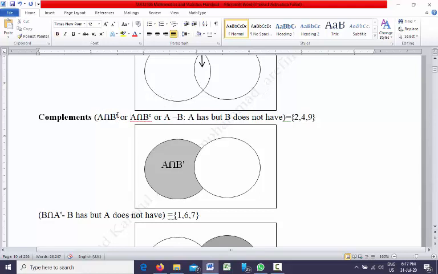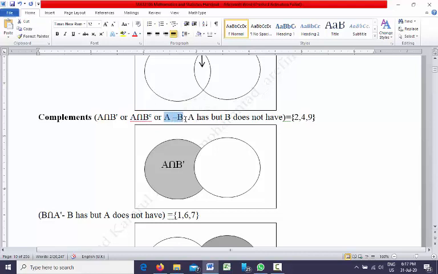B prime is the complementary set of B. Some people may write it like B^c, which means the complementary set of B. So A intersection B prime, or A intersection B^c, is equal to A minus B.